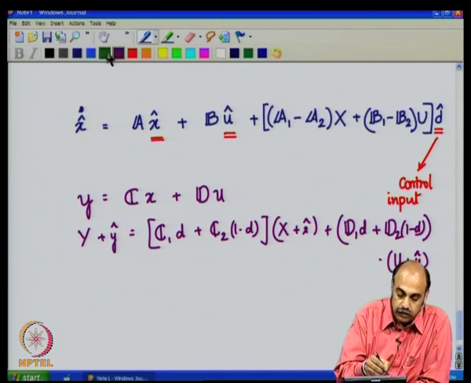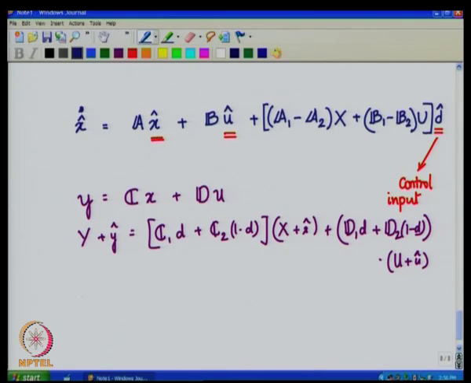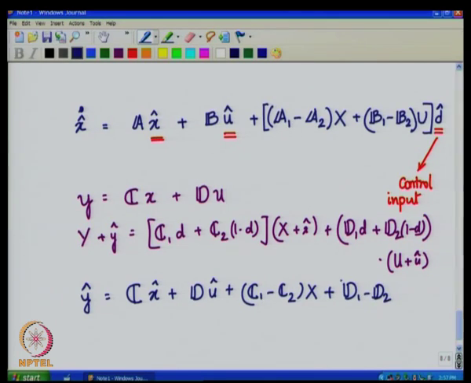So, this can be simplified, and on simplification for the small signal you have y hat equal to C x hat plus D u hat plus C1 minus C2 times x plus D1 minus D2 times u. This whole thing is multiplied by d hat.